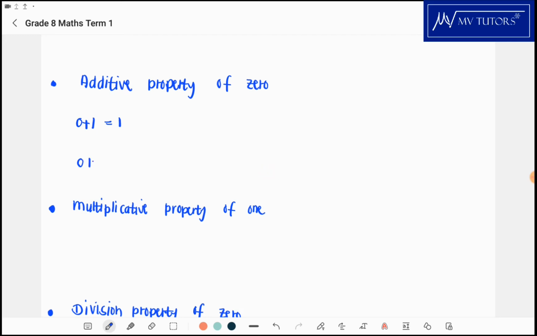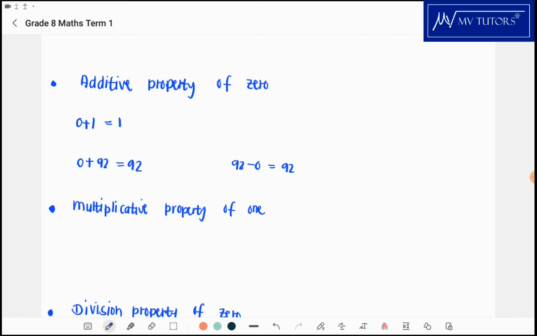Again, if we say 0 plus 92, well, we're going to get 92. All right? And also, when it comes to subtracting, if you were to say 92 minus 0, obviously you're going to get the number 92. But if you swap that around, then it becomes something else.